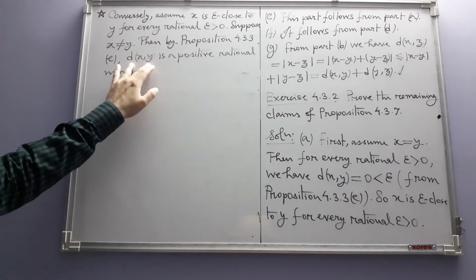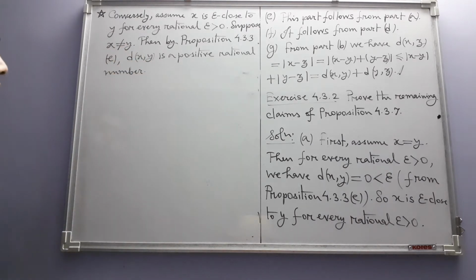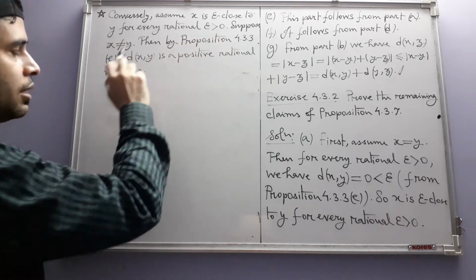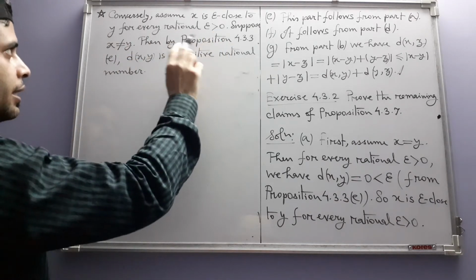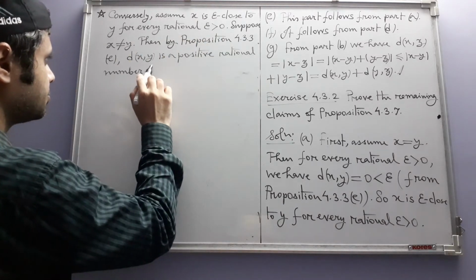But we know that this quantity can either be 0 or positive. It can never be negative. So in this case, this is a positive rational number. Now you impose the condition that we have assumed. We can take any positive rational number in place of epsilon.